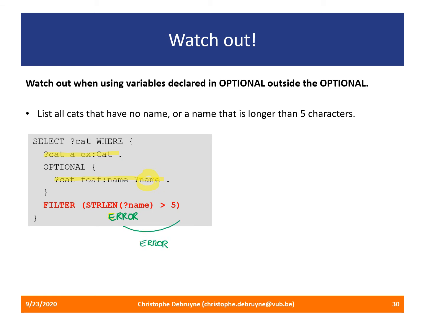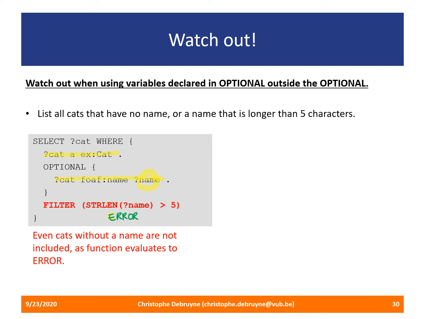And because the filter only retains the solutions that satisfy the criteria, and this particular condition evaluates to error for cats without a name, cats without a name are not retained in the result set, so not our desired result. So even cats without a name are not included, as the functions evaluate to error.